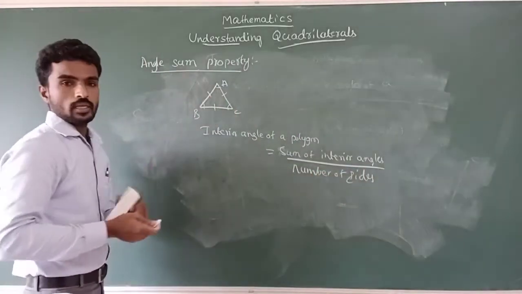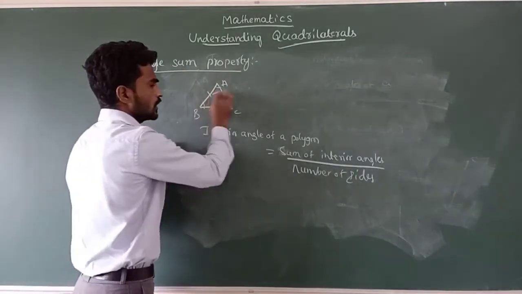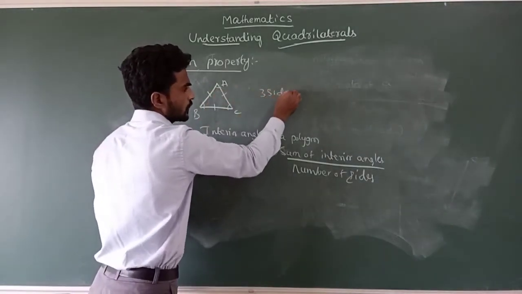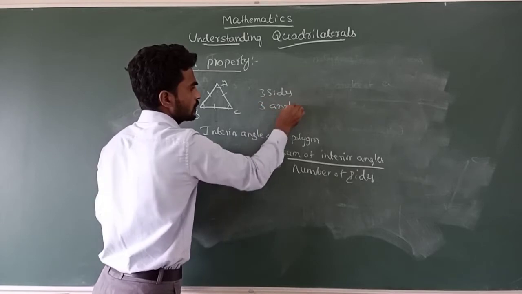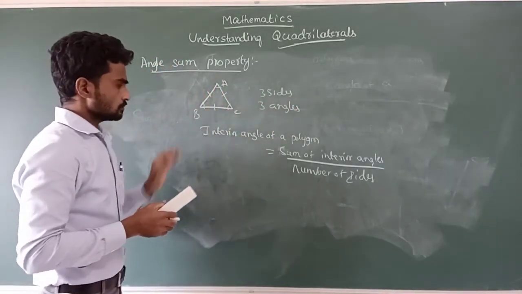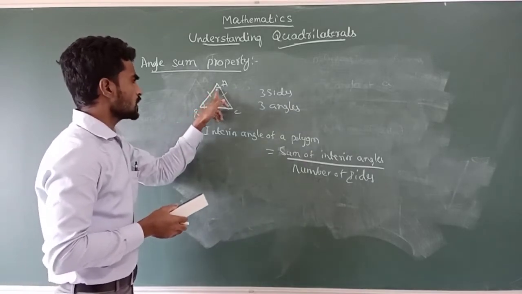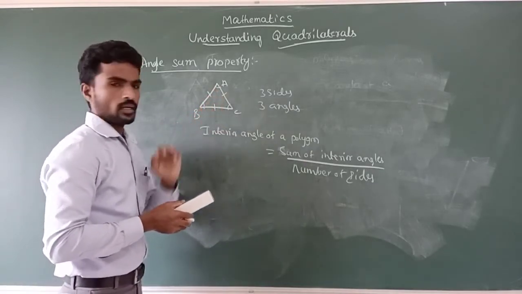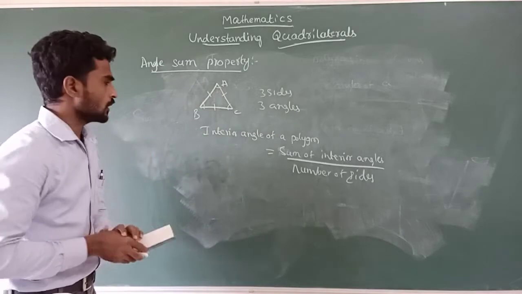For example, ABC. Here there are 3 sides, 3 angles are there. It is called a triangle. Here we can find out the measure of angle A, angle B and angle C. It is also a regular polygon.